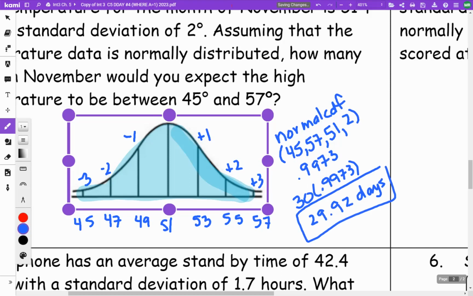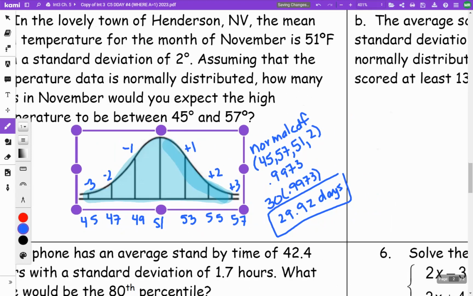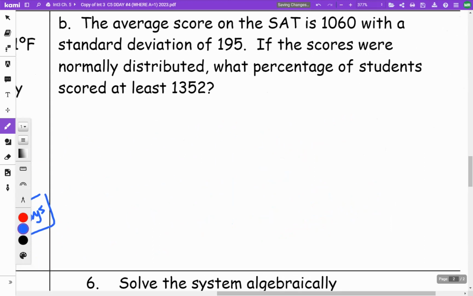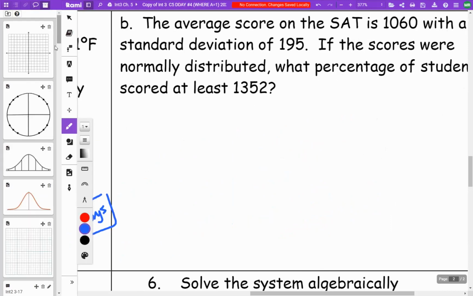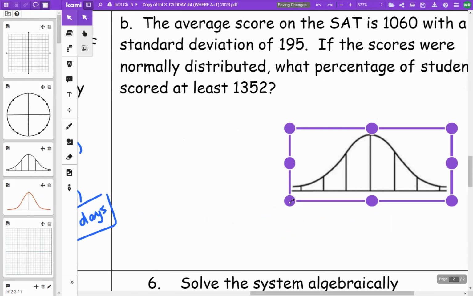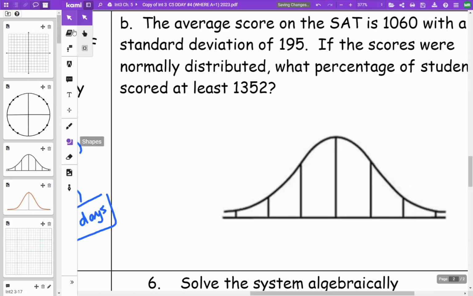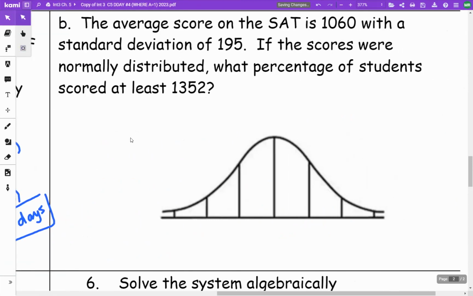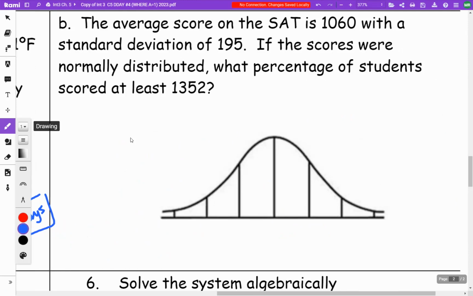Okay, so on the next one, the average score on an SAT is 1060, standard deviation of 195.